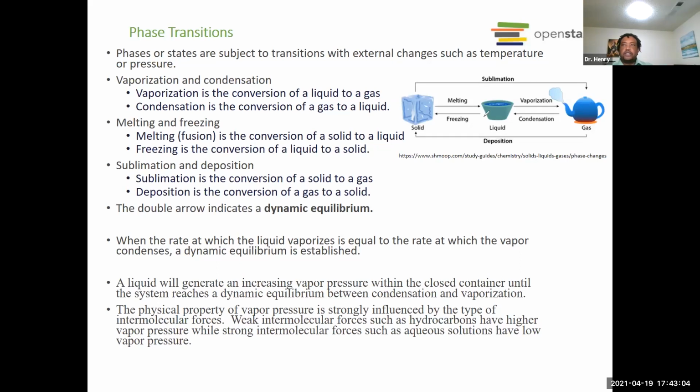So for instance, if we had a lake full of water, this is my pink lake, okay? Now, there's vapor above the water. And if we're in a closed atmosphere and we allow time to take place, then the amount of water molecules going up into the vapor phase is going to be equal to the amount of water that is condensing back down to the liquid phase.